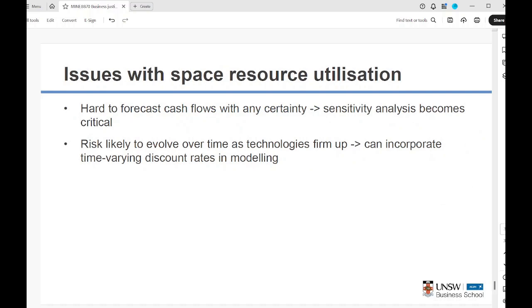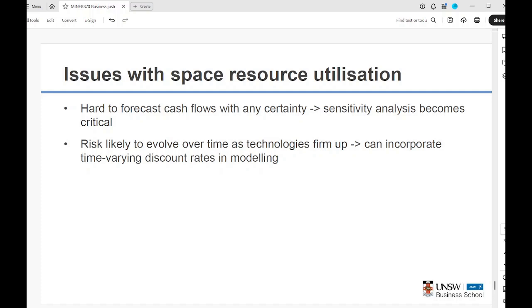Other issues when we're focusing specifically on space resources is that it's inherently difficult to estimate what the future cash flows are going to be. So in that case, sensitivity analysis is going to become really important. In other words, varying your assumed cash flows to see what happens if I'm being optimistic, what happens if I'm being pessimistic. I mentioned the difficulty in assessing a discount rate.